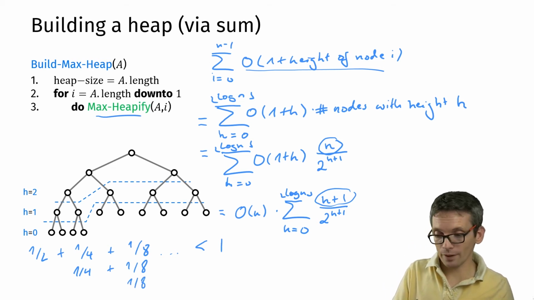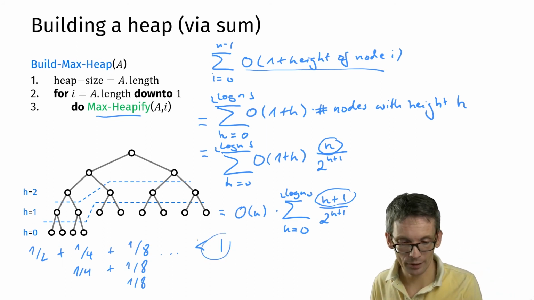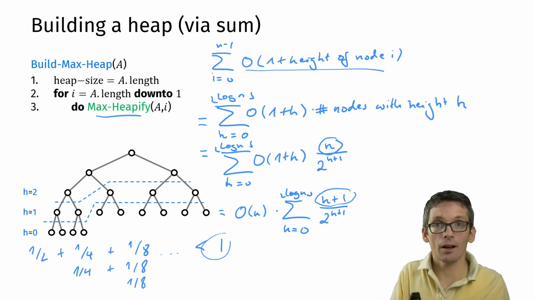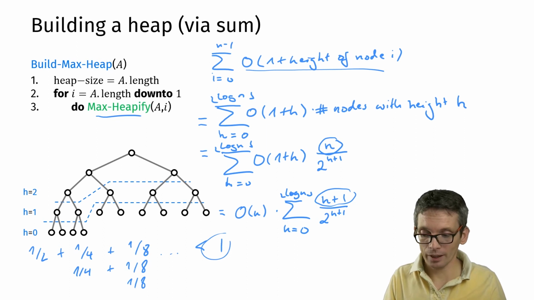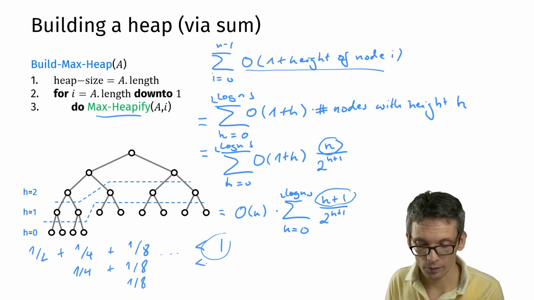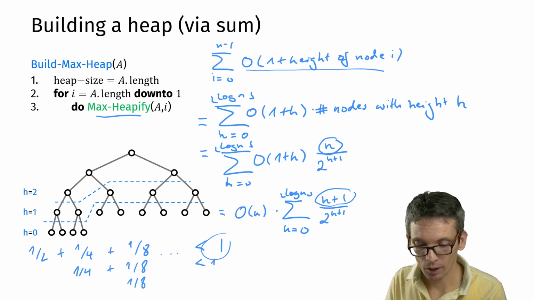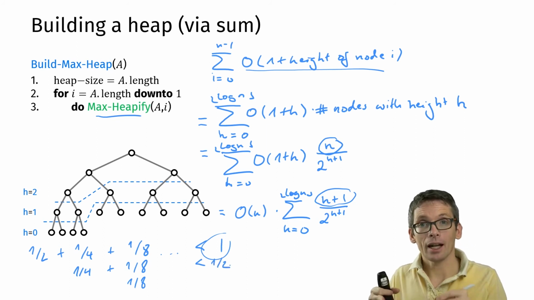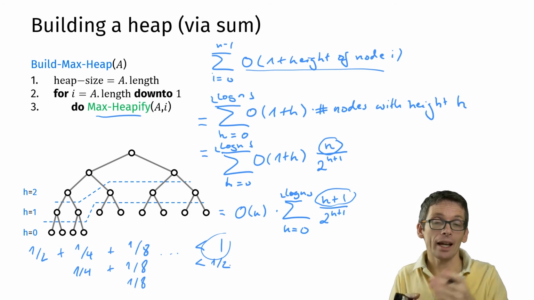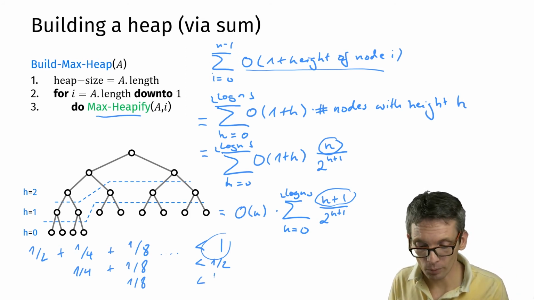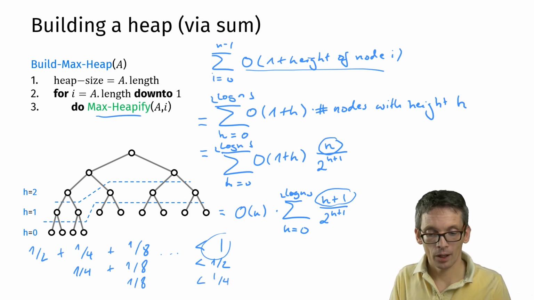Now if you look at this like that, we had that this was smaller than 1. Next I have the geometric series, but starting at 1/4. So that will be 1/4 plus 1/8 plus 1/16. That is smaller than 1/2. Then I have the geometric series starting at 1/8. So that will be overall smaller than 1/4.